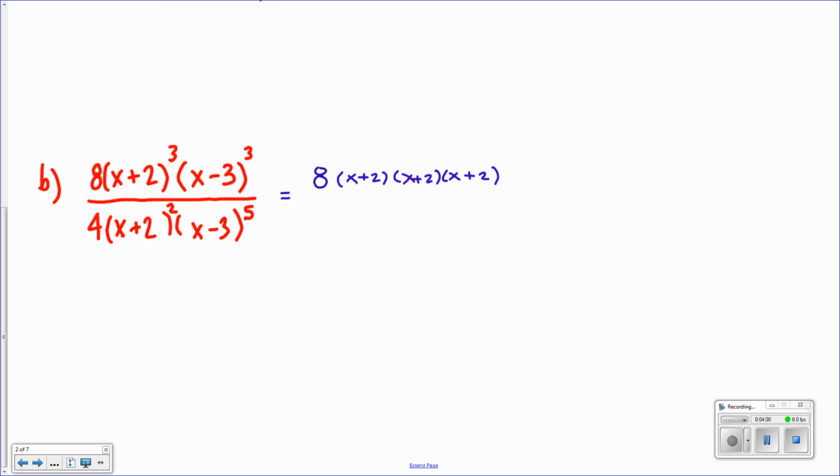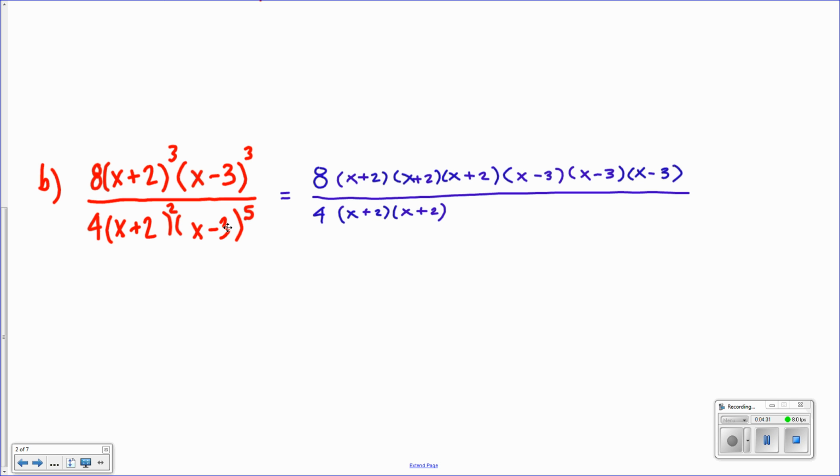It takes a little bit longer if you're expanding it out, but I'm doing that so that those of us who don't understand might see it a little more clearly. So that would be our expanded form. And then we'd have a 4 here, and then an x plus 2 times an x plus 2, and then we'd have 5 x minus 3s.